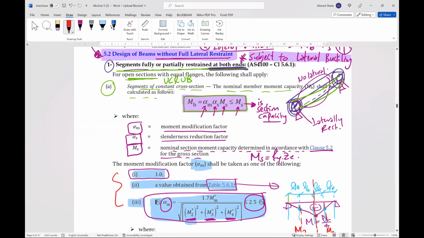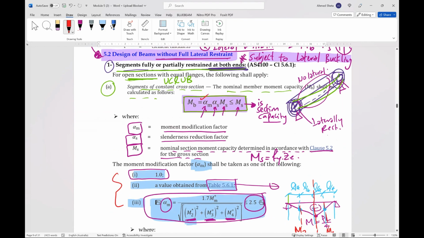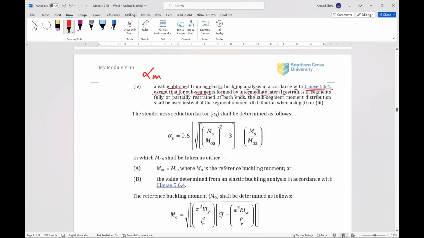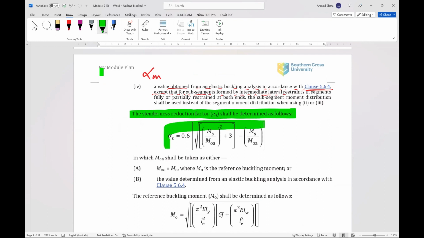The next parameter is alpha S. Alpha S can be calculated using this formula, where alpha S equals 0.6 times the square root of (Ms squared over Moa squared plus 3), minus Ms over Moa.